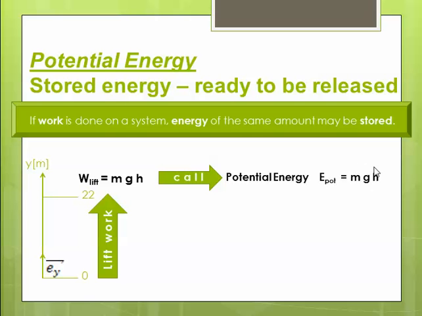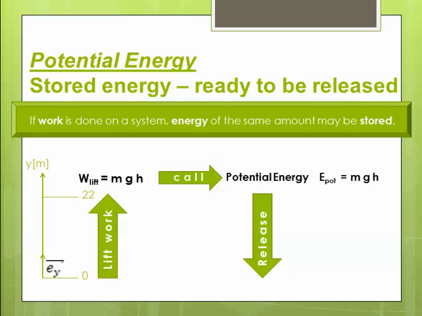Now as long as the body is lying at this height, as long as it rests at a height of 22 meters, potential energy of m times g times h is stored. Now this energy may be released.